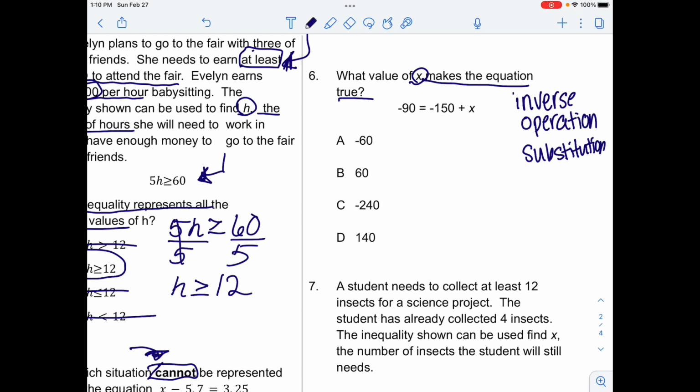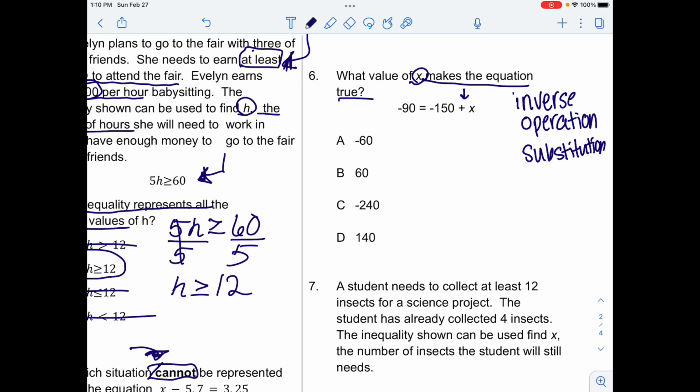So remember, substitution is plugging in each one of these values for X. Let's plug these in for X, and then add them to negative 150 to see which one equals negative 90. All right, so choose which one you'd like to do and answer the question.